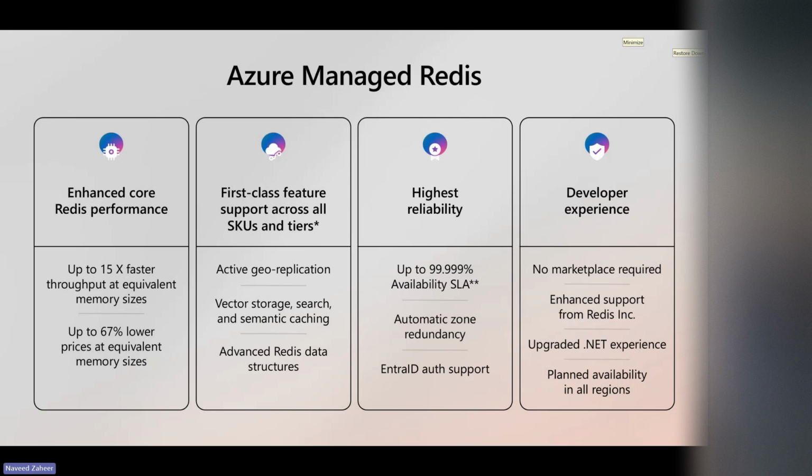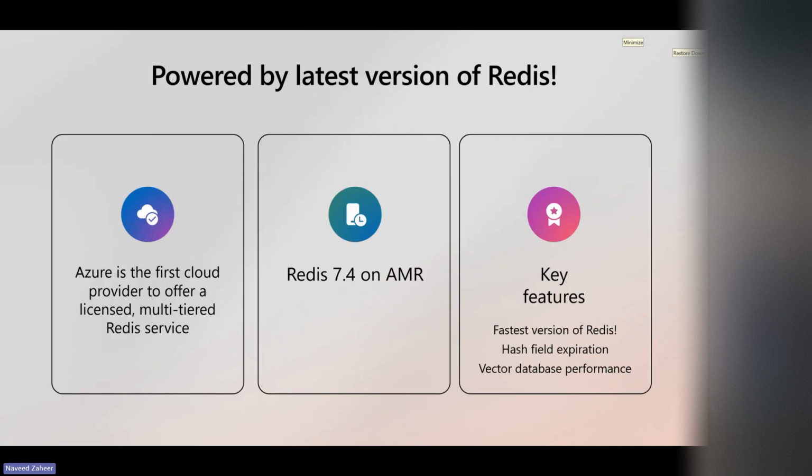So let's continue going. Let's go to the next slide. As I said, this is based on the Redis Enterprise 7.4 version, and you get the best of all the features. Redis Enterprise is the best version of cache that is available.